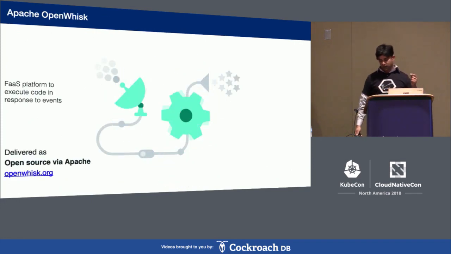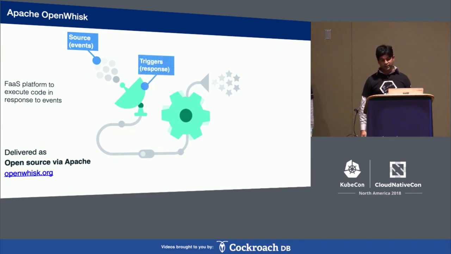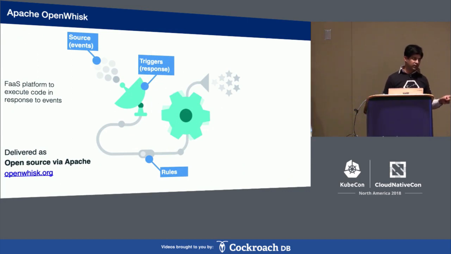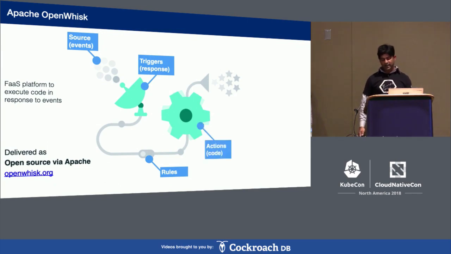And the whole idea behind OpenWhisk is essentially a service platform to execute actions in response to certain triggers, right? So you have sources which are generating events. Based on that, triggers actually encapsulate the response. There are certain rules which define, based on a certain trigger, what action should be taken. And then that particular action is taken, and then we have the results.